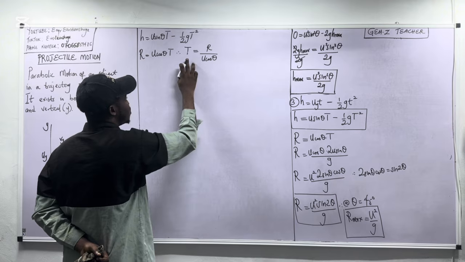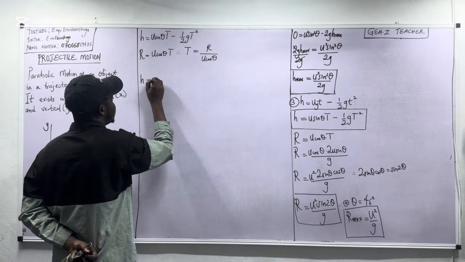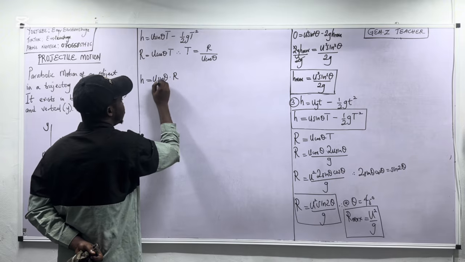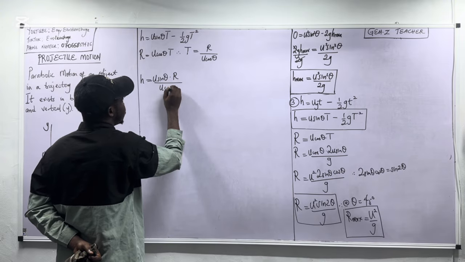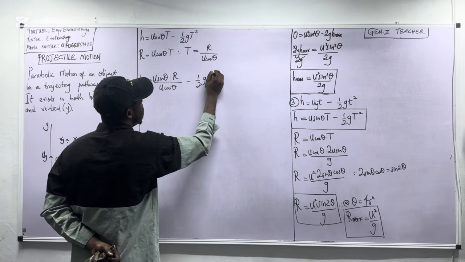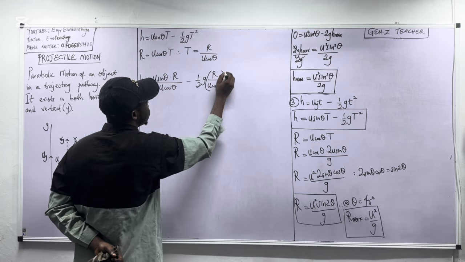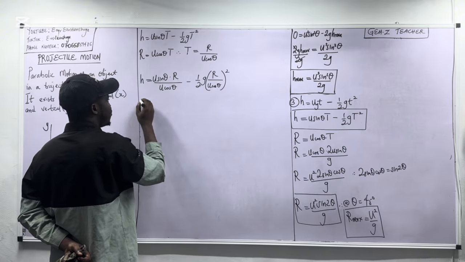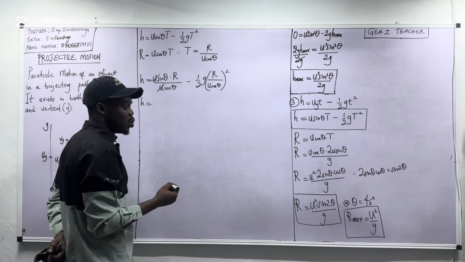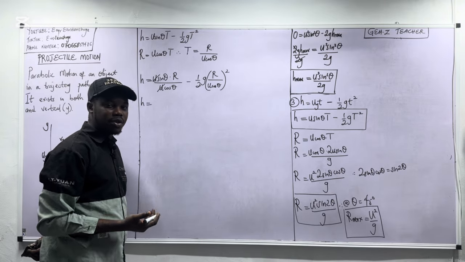Therefore we can substitute this value into our h equation. So h becomes u sine theta times t, which is R divided by u cos theta, minus half g, open a bracket, R divided by u cos theta, all squared. Simplifying further, you can take out u, and I always tell my students, sine theta divided by cos theta gives you tan theta.